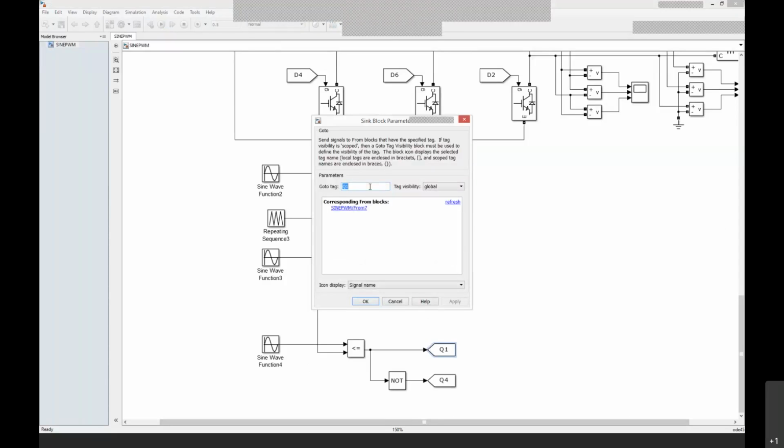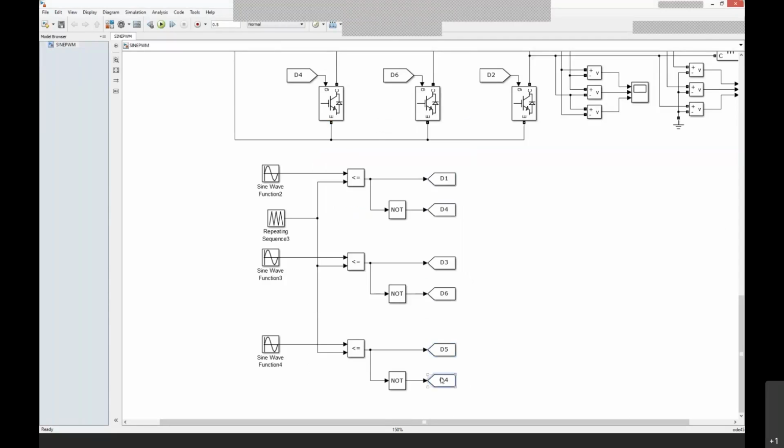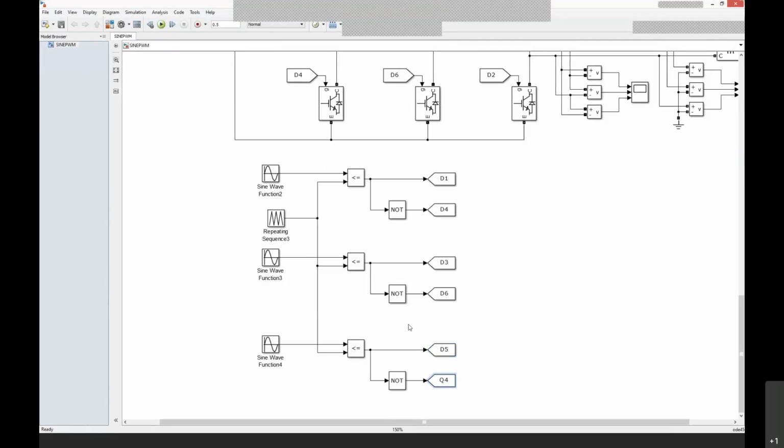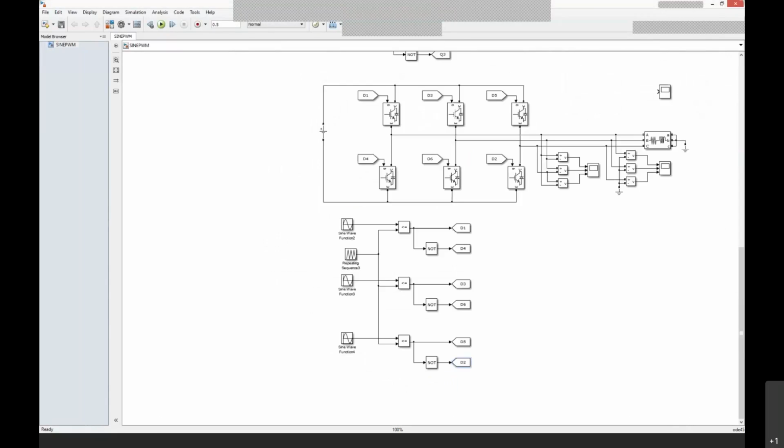And this is D5, and the bottom switch of C phase is D2. So now everything is completed. Now run this.